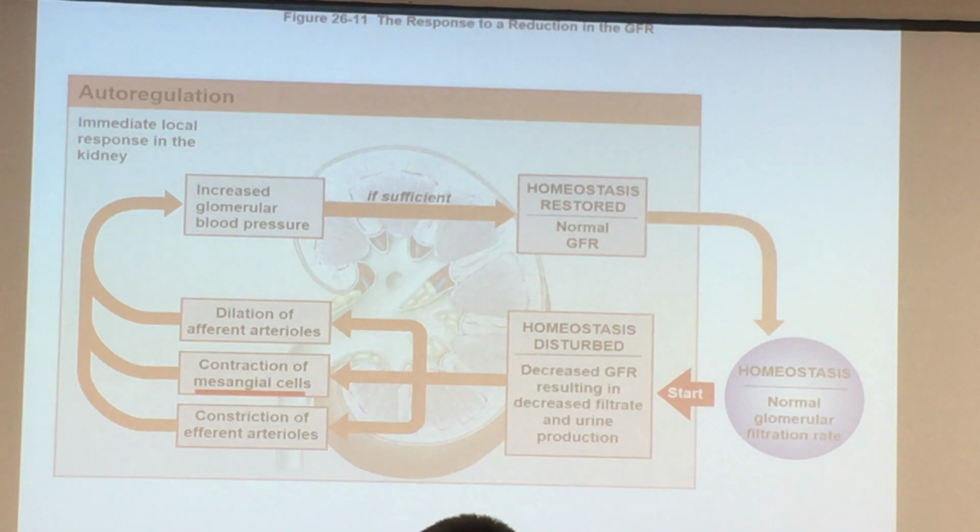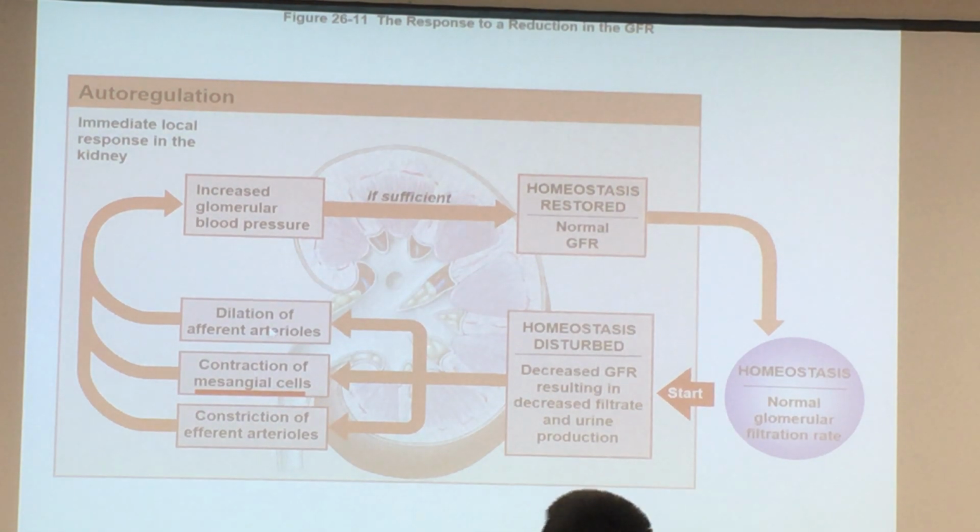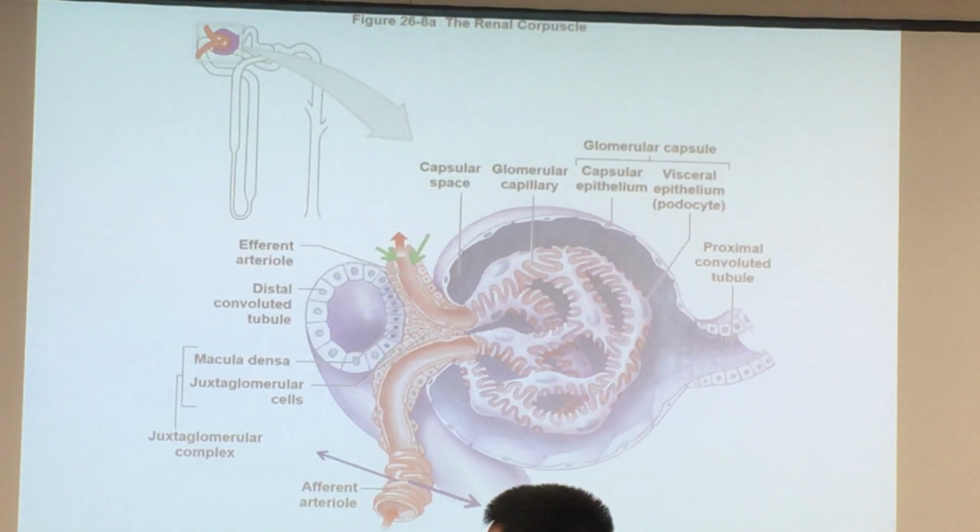And this one we mentioned that if the pressure is decreased, then the opening is dilated, and the exit end is constricted. Okay, so I draw a figure like this. We have muscle here, afferent arteriole, the sphincter here.